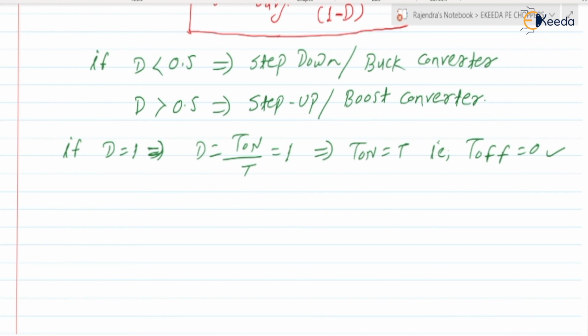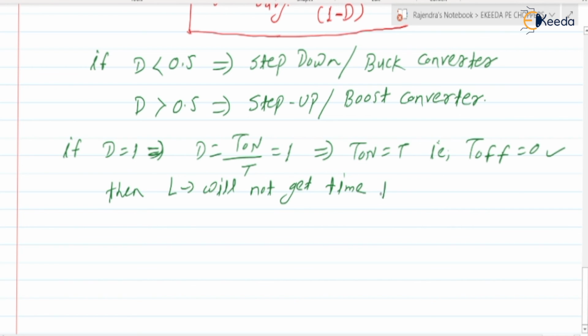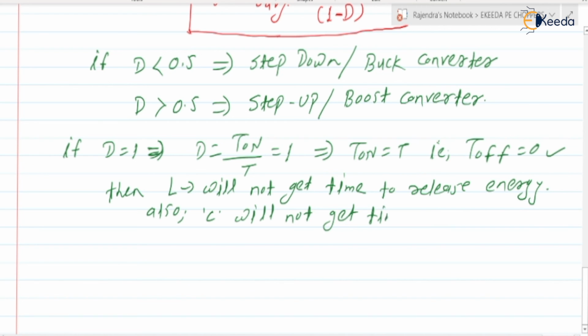So theoretically, or strictly speaking, considering the practical difficulty, if d is equal to 1, then the inductor will not get time to release the energy, and the capacitor will not get time to charge.